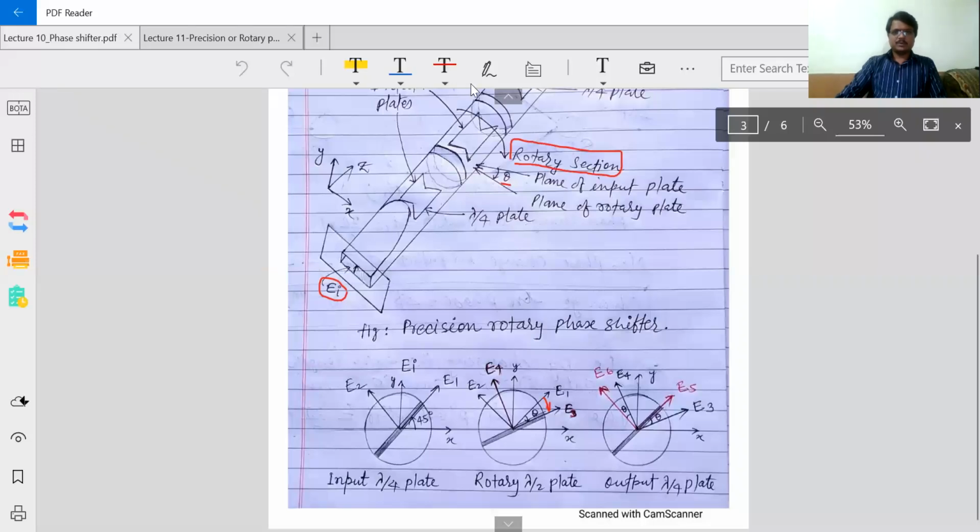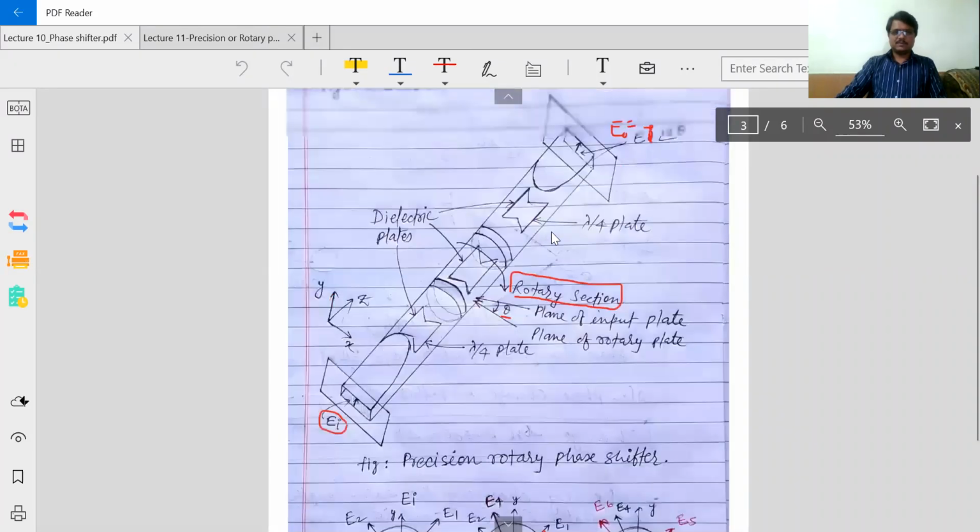Okay, so this is the rotary phase shifter we have watched in the previous lecture.